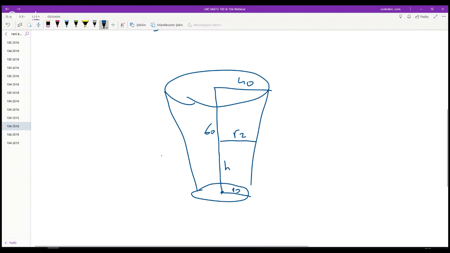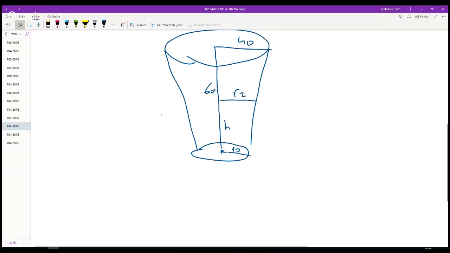So the only way to derive an equation for R2 is just thinking about this triangle. Here, let's call it X. My first question, how to find X? Because if we can find X, we can find an equation for R2.